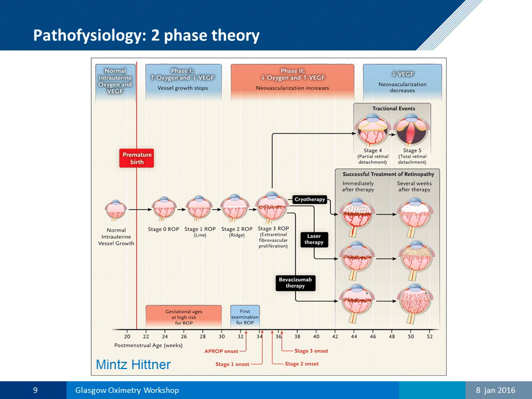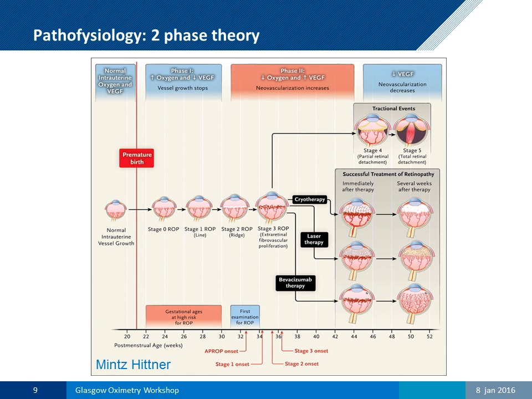The child is born and comes into a very rich oxygen environment, which then ceases the blood vessel development in the retina. However, the retina develops and the metabolic need supersedes the supply of oxygen by the vessels. When that occurs, you get hypoxia, which results in VEGF and neovascularization.